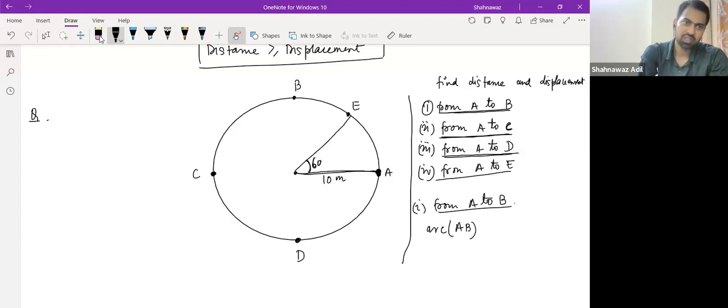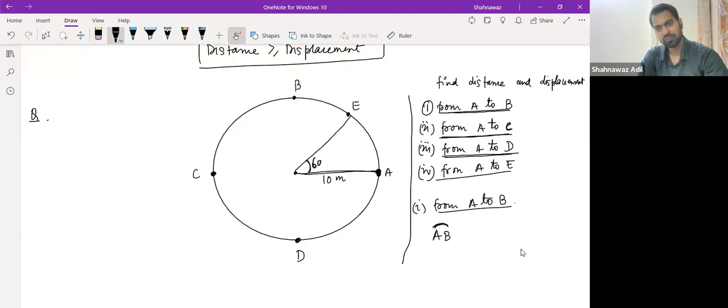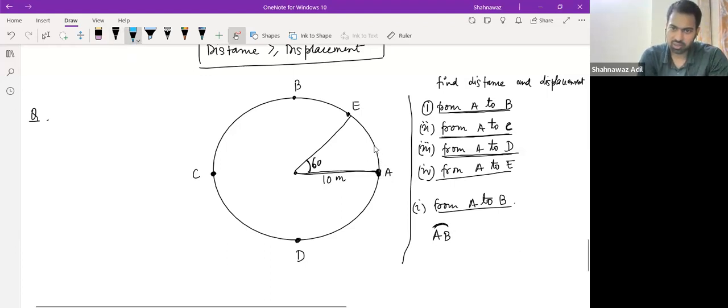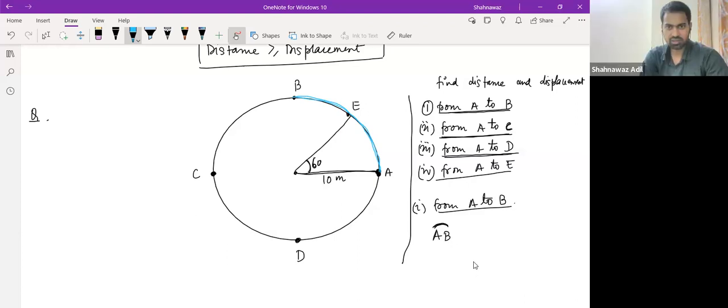So how do we represent this arc length? It is represented this way, so the distance would be this. Is that clear, Rishita? Yes, sir. So in your 10th class, you learned what the arc length is.